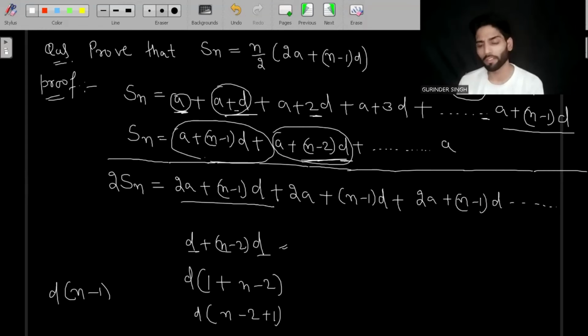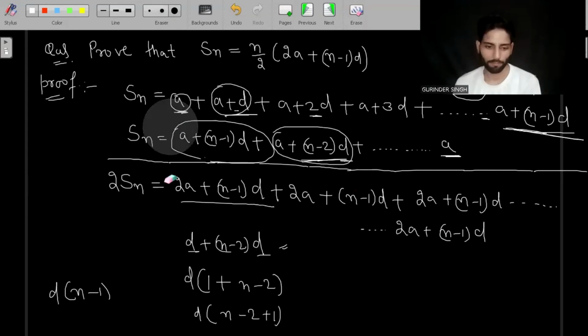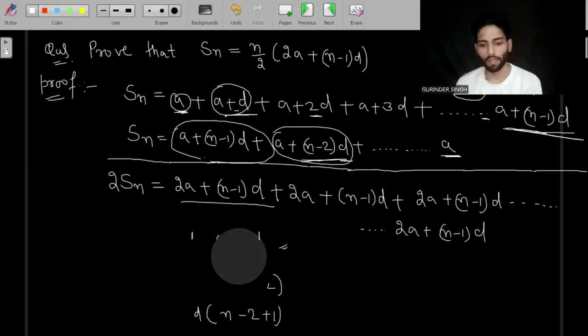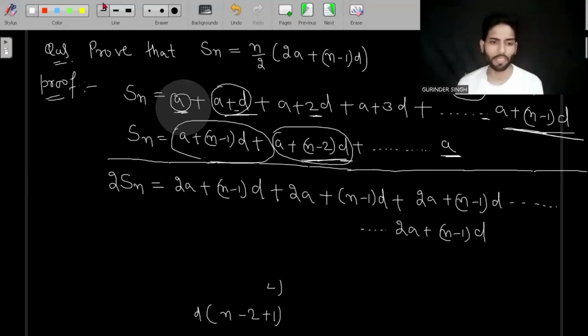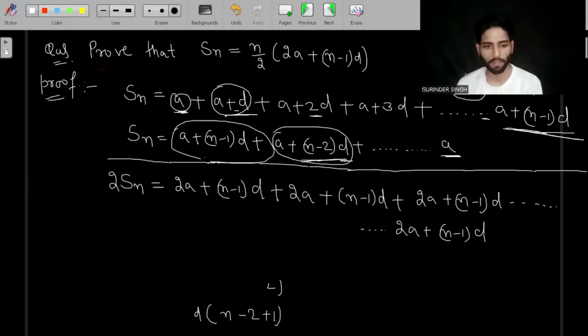And let's do the last one. We have to add this and this, right? So what will be 2a plus (n minus 1) into d? Again it's the same number. Now we have done a lot of things, and it has become very easy, right?